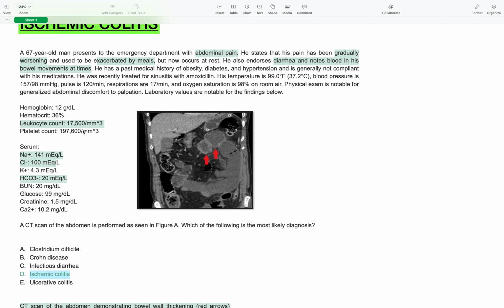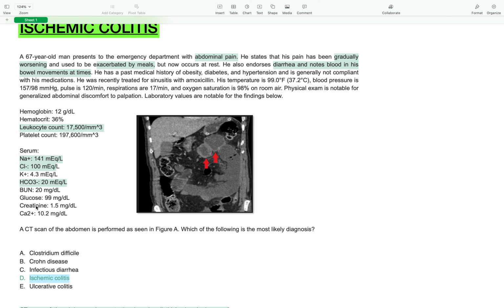Okay, and leukocyte count with these lab findings. So whenever you get serum electrolytes like this in your question, it's given for a reason. All right, and you need to find out the anion gap in such a question.